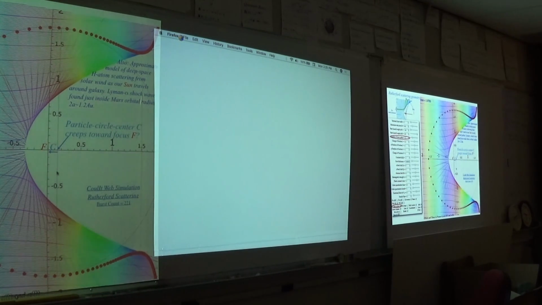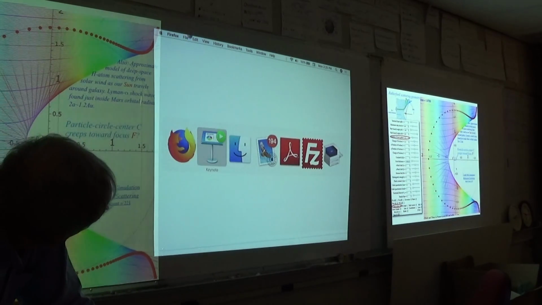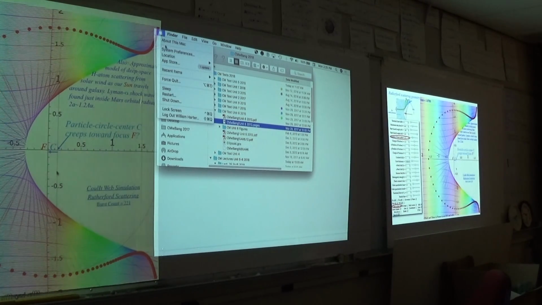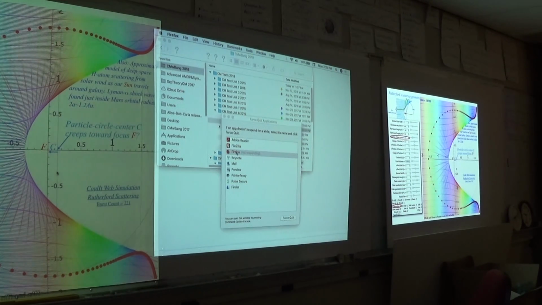Something weird's going on here. Force quit. It just might be that Firefox is hung, not responding. So the next launch ought to get it.